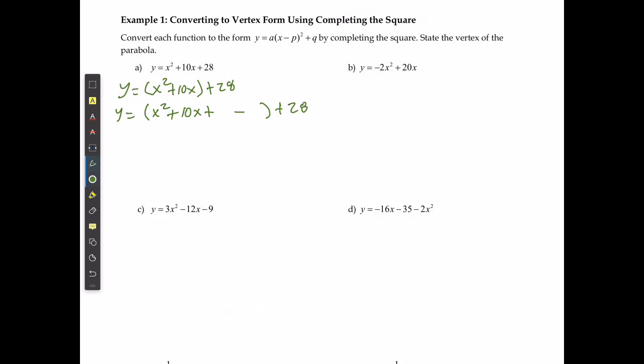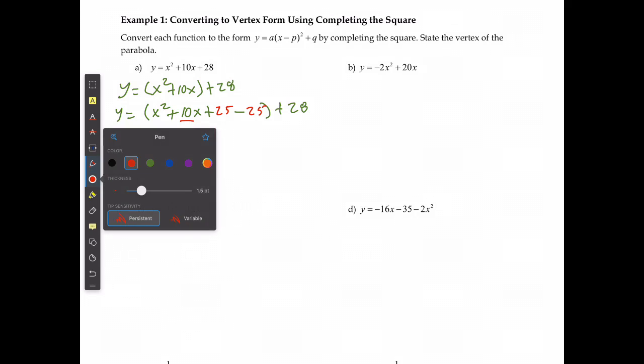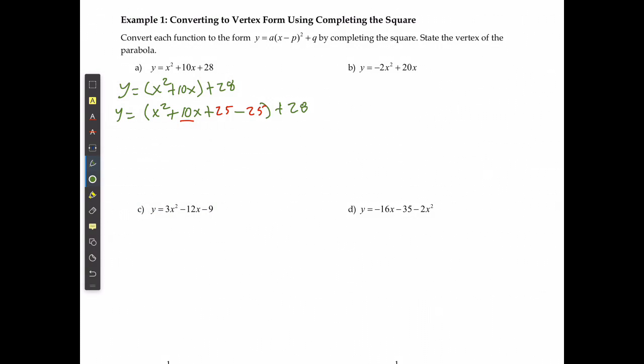To find that missing number, I'm going to divide the middle term, or the coefficient of x, by 2, which gives me 5, and then square it, and I get 25. From there, I'm going to move the negative 25 to the outside. Well, the a value in this case is going to be 1, so I don't have to multiply it by anything.